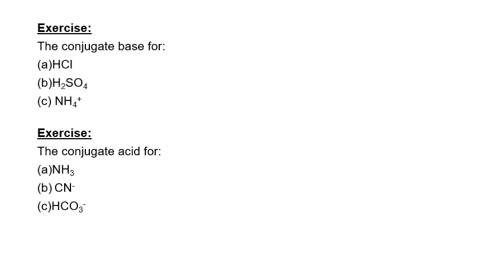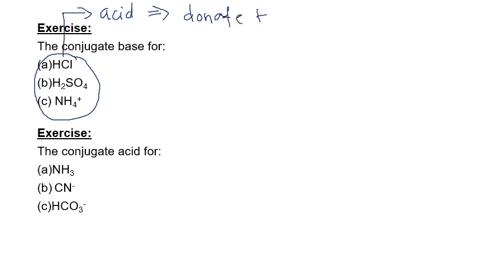As usual, let's look at a few exercises. The conjugate base. So for HCl, in other words, all these three species now are acid, because they asked us to get the conjugate base. If they are acid, they are going to donate a proton.